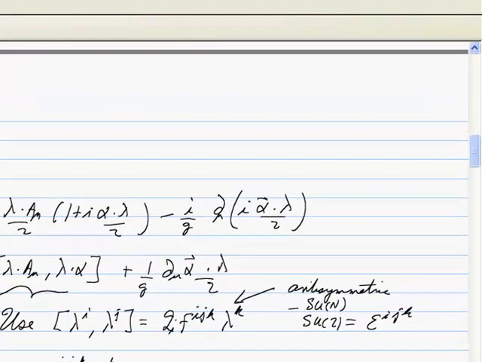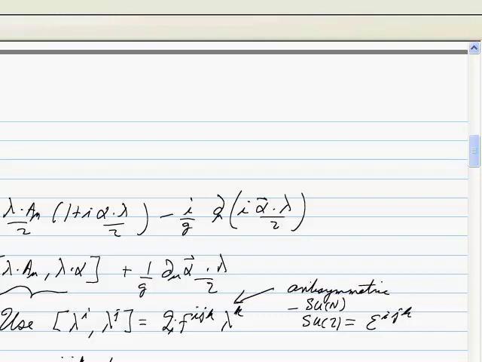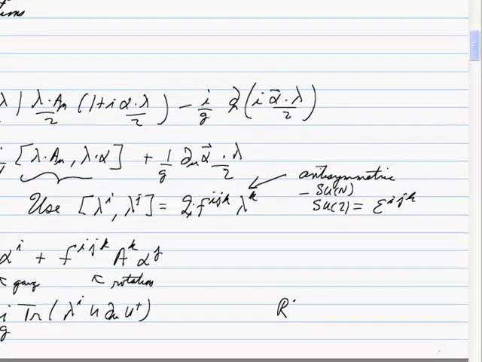This R_ij is something that we did before. It's the rotation matrix. It's 1/2 trace U lambda i U dagger lambda j.